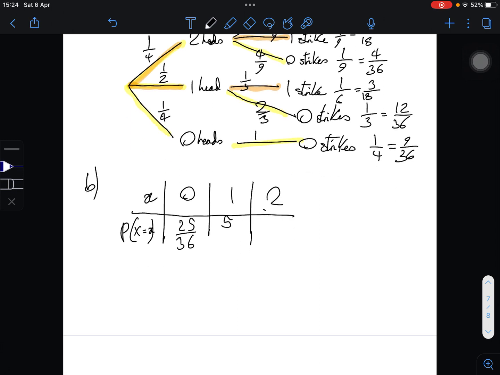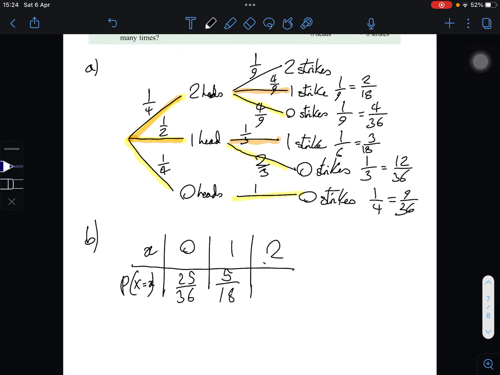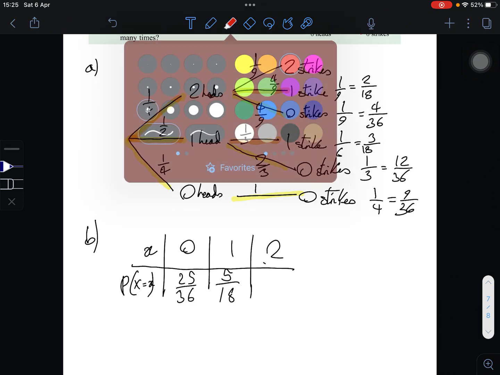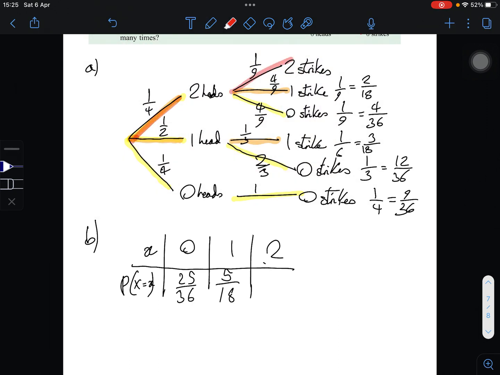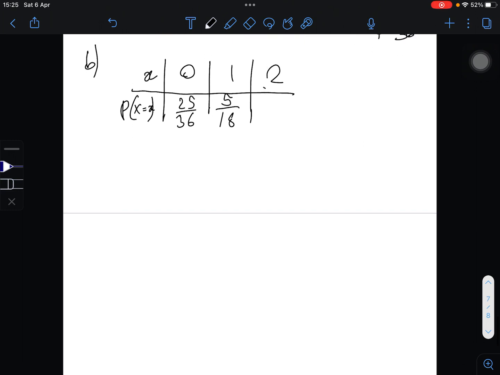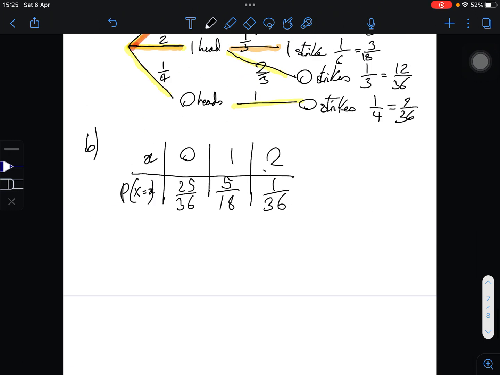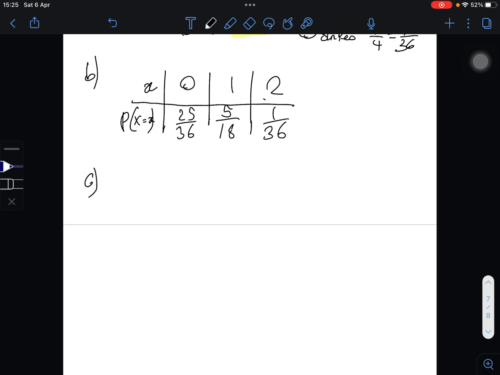And so if we add this together, we get 5 over 18. And then the last one, 2 strikes, that's probably going to be the rarest. We can almost expect that because you've got to go along this line and that line, and there's no other way of doing it. So that's 1 over 36. You can always check by then adding up all of these probabilities, and it should equal 1.